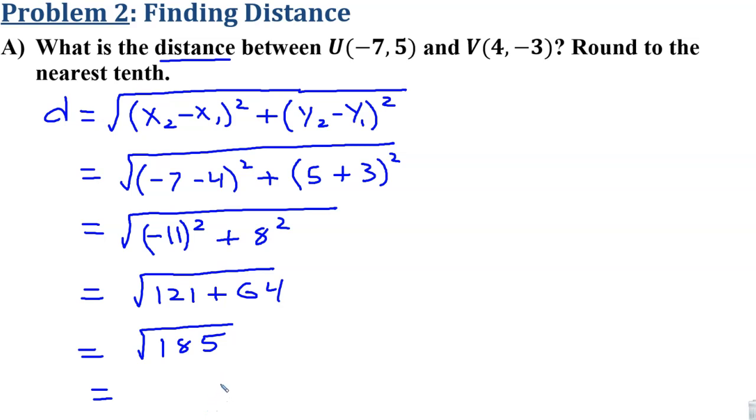And then when I take the square root of 185, I'll go to my calculator at this point finally, I get 13.6. So that'd be the distance between these 2 points, U and V, in the coordinate system. All right, that's how the distance formula works.